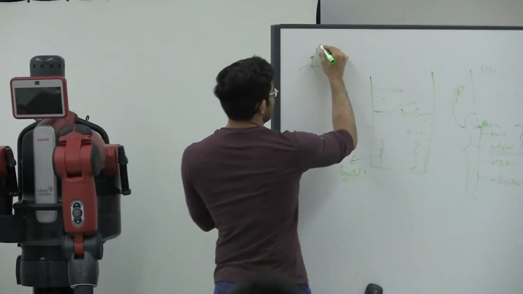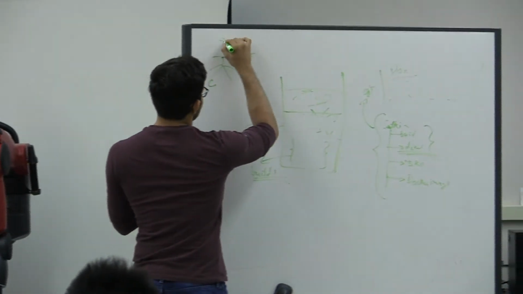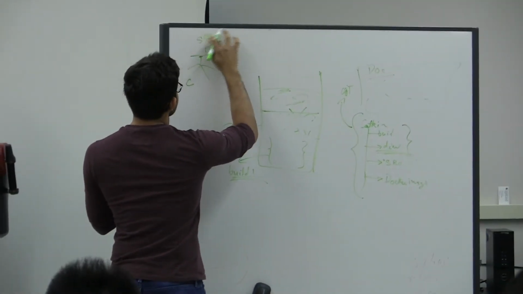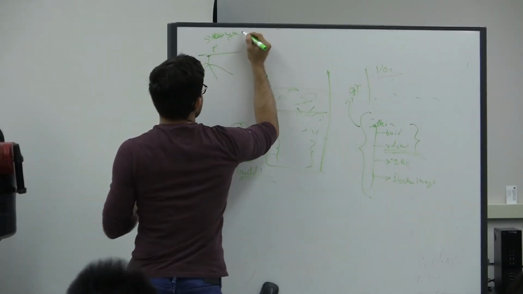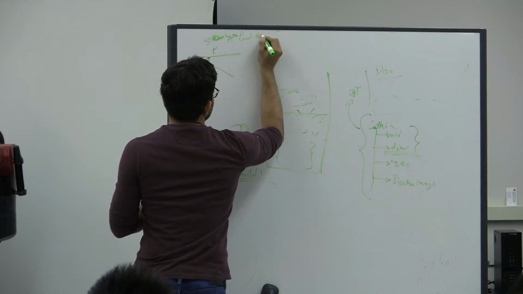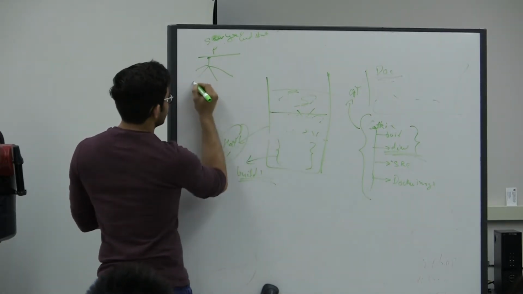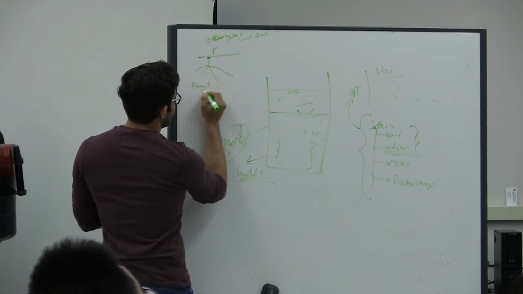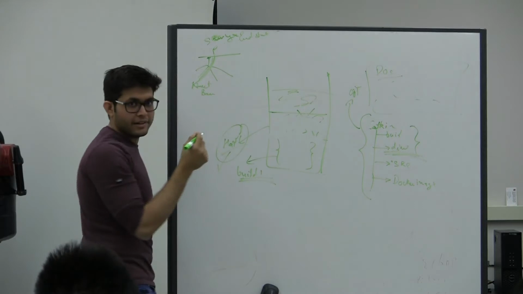So if you have a parent link, you have a child link. Now your parent is the Sawyer end state, and your child link would be the connect base. And this is the pseudo link that you created.